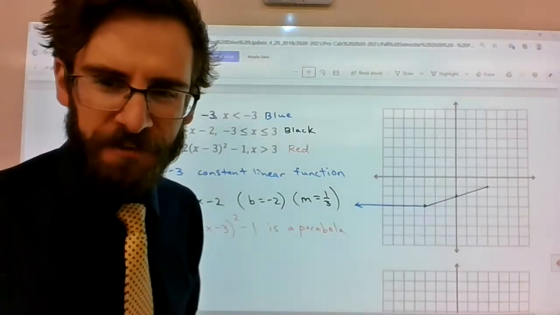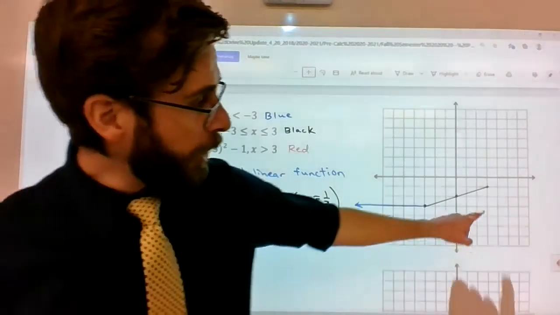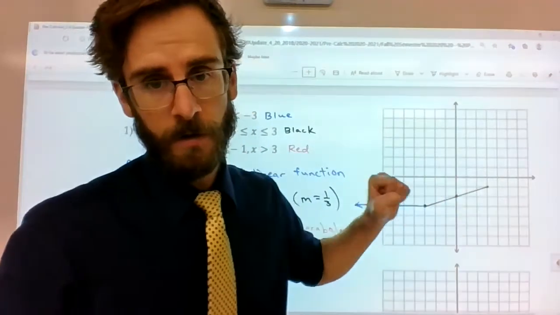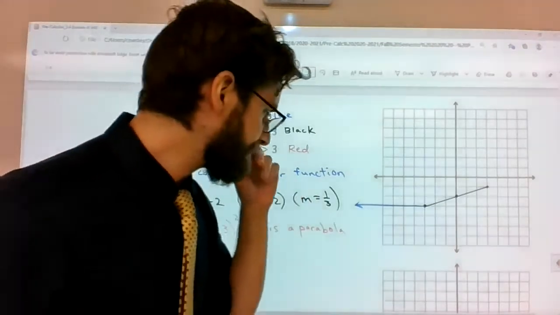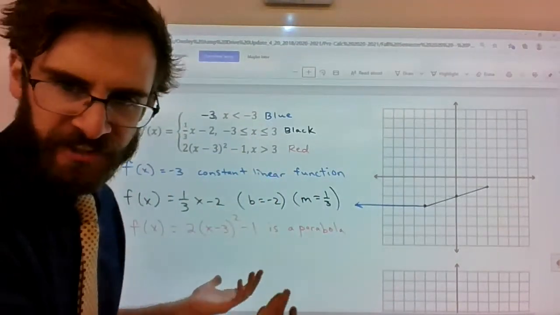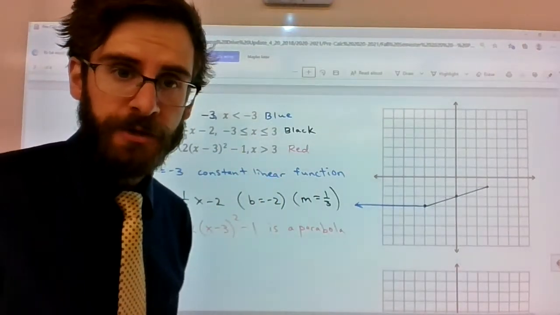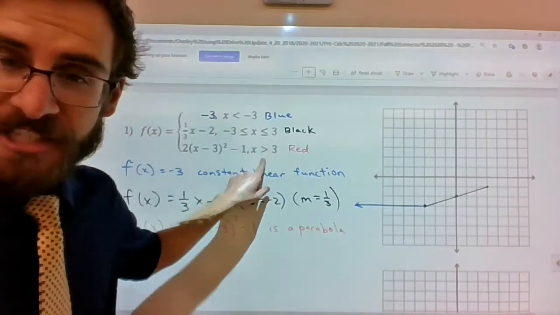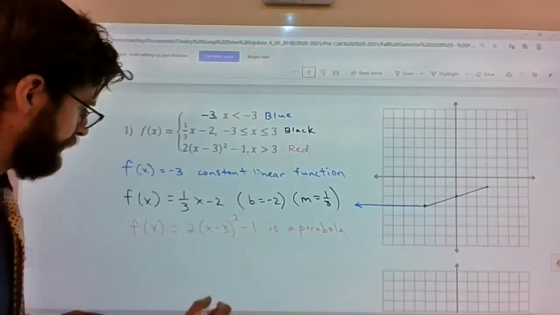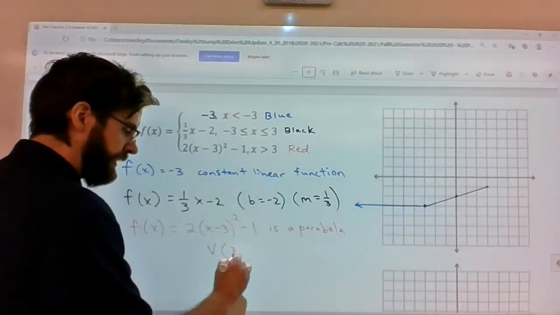So how do we graph a parabola that's kind of been cut in half? Our vertex is right here. All right? So what do we usually do with the vertex? Well, we usually say, plot a few points to the left and to the right. Now all we got to do is plot a few points to the right because it doesn't even exist left of 3. So the vertex is 3, negative 1.